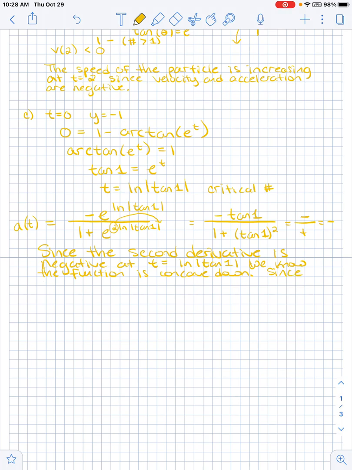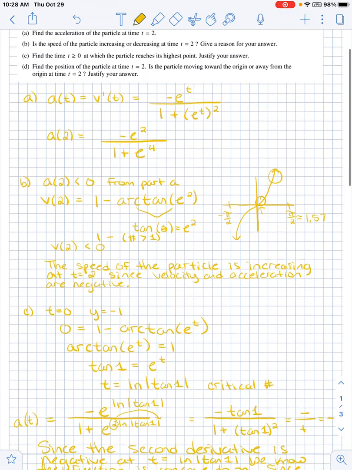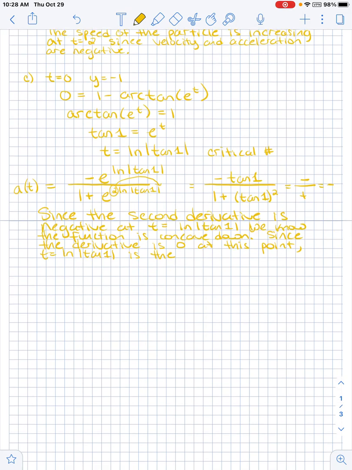Since the derivative is 0 at this point, t equals the natural log of tangent of 1, this is the time when the particle reaches its maximum height.